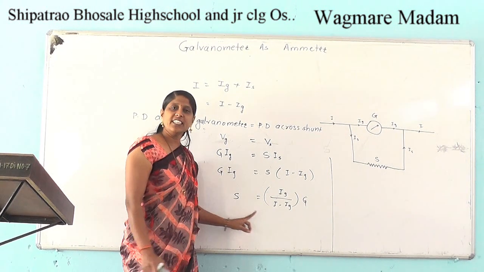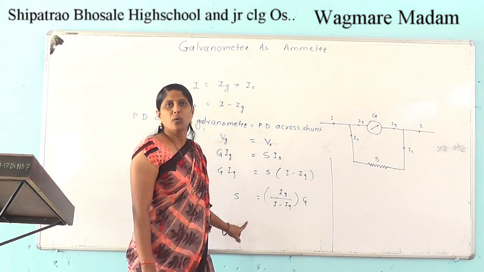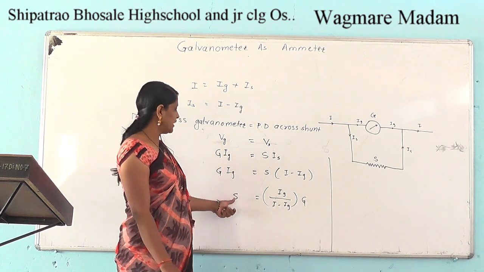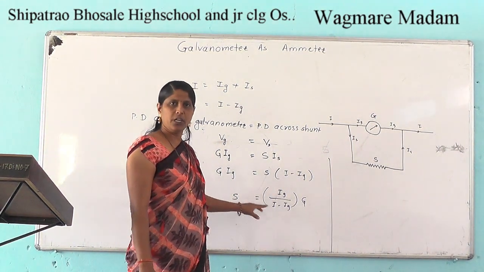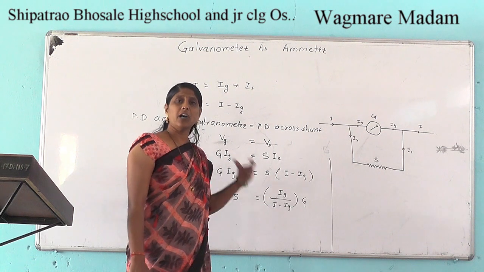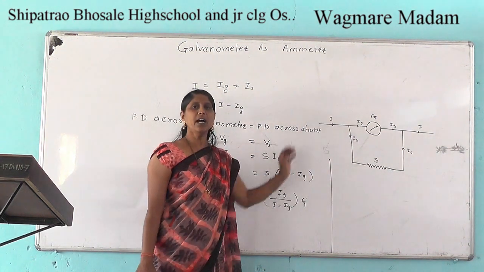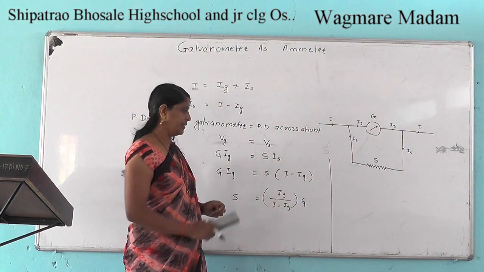Now this equation is useful to measure the current in the galvanometer. By using this, we can also find out the value of S, or the shunt resistance, how much resistance is connected with the galvanometer in parallel.